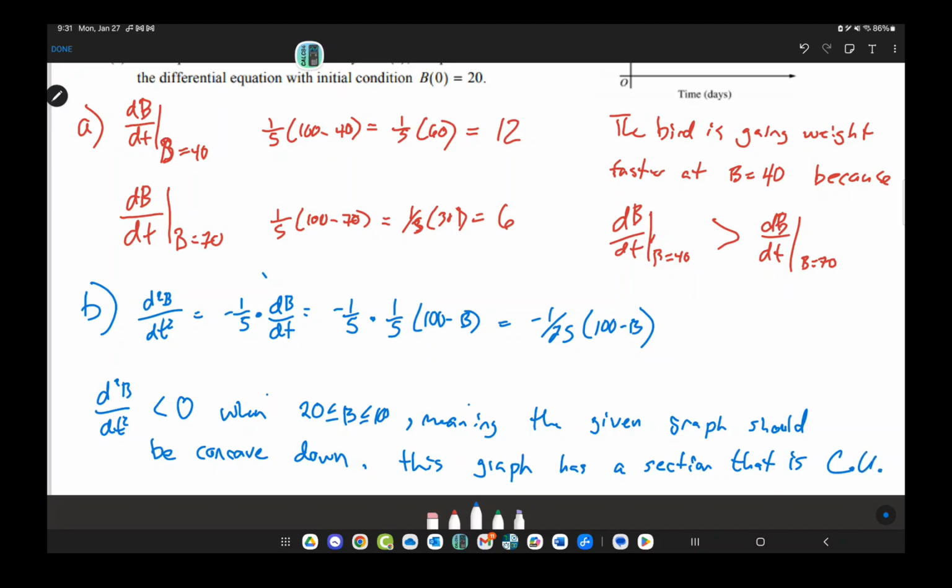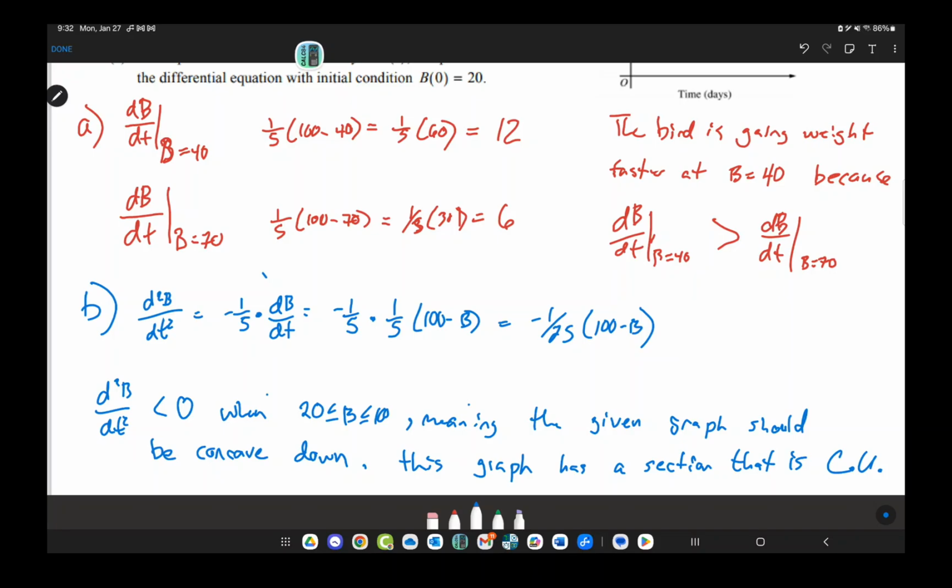So my question, you multiply -1/5 by dB/dt for the same reason that you multiply y by dy/dx when you're doing implicit differentiation. What is dB/dt? It is the rate. It is the function that is describing the rate.